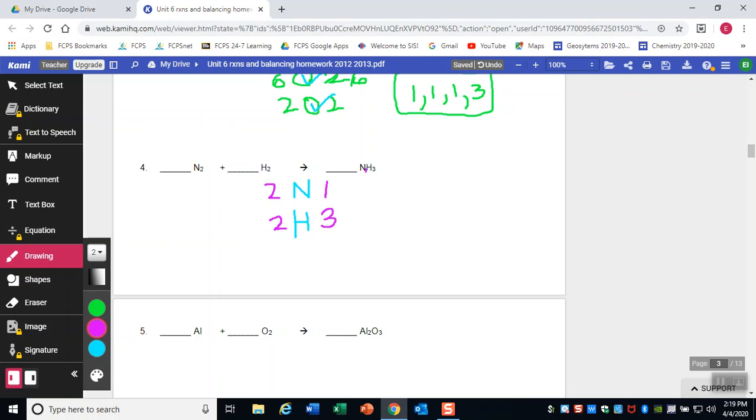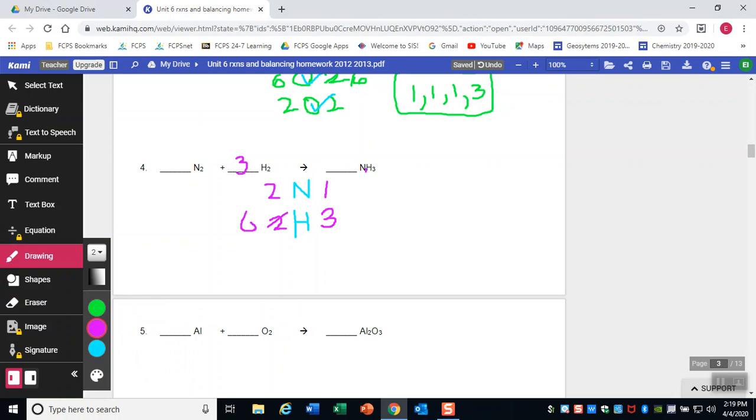So now here again, I'm going to use the least common multiple with 2s and 3s. 2, 4, 6, 3, 6, 9. So they both have a multiple of 6. Oops, I didn't want to put a 3 there though. I'm going to put how many I want.